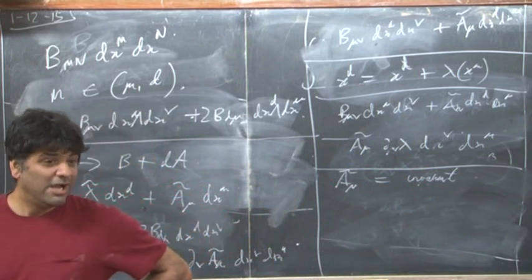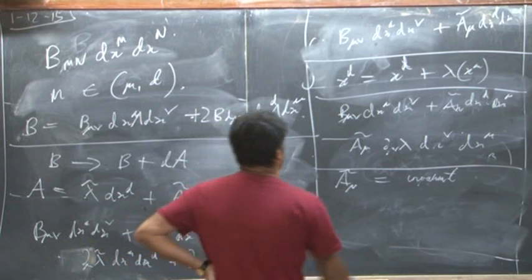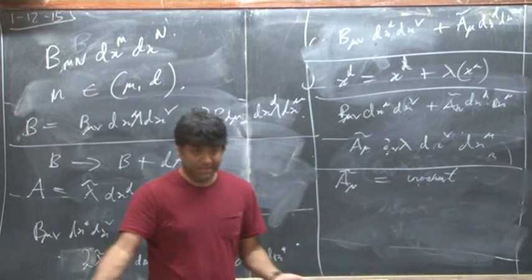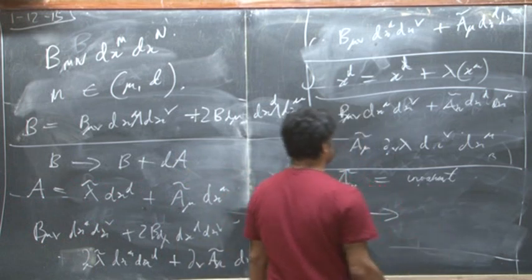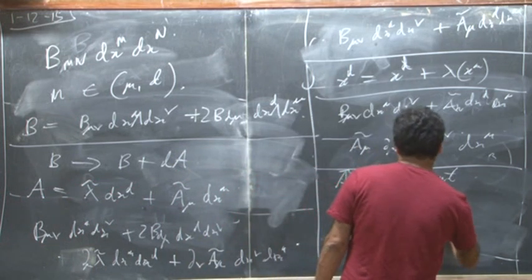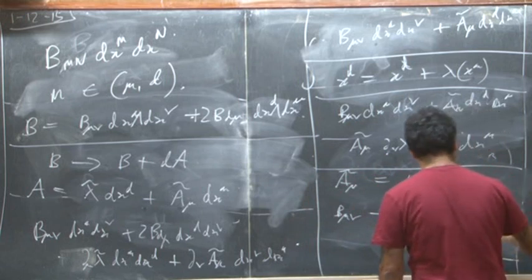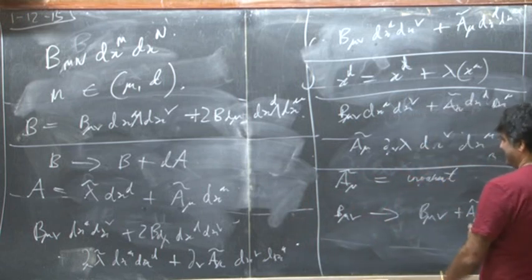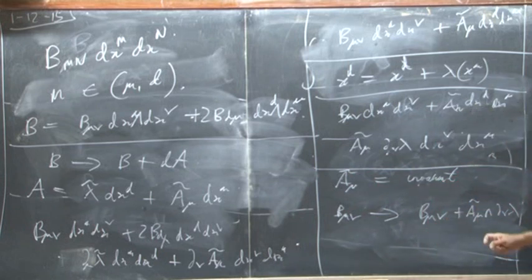So A mu tilde is invariant, but what about B mu nu? It's not invariant. In fact, B mu nu goes to B mu nu plus A mu tilde wedge d nu lambda. You know what I mean, right?